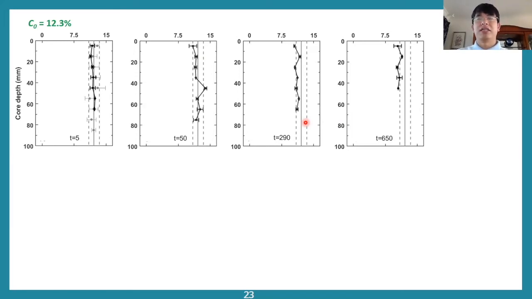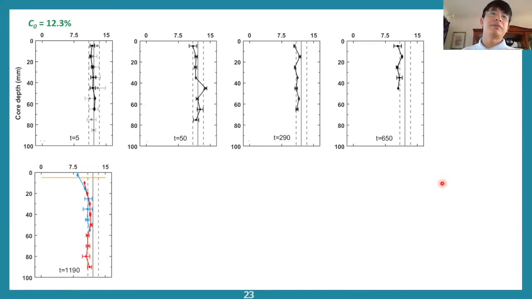However, they were too small at that time, so it was impossible to sample sediment cores from the ripple's crest and the ripple's trough. But the sediment cores demonstrate a decreasing trend in the clay content at the top layer of the bed. At 1190 minutes, we drained the water and could collect sediment cores from these tiny ripples.